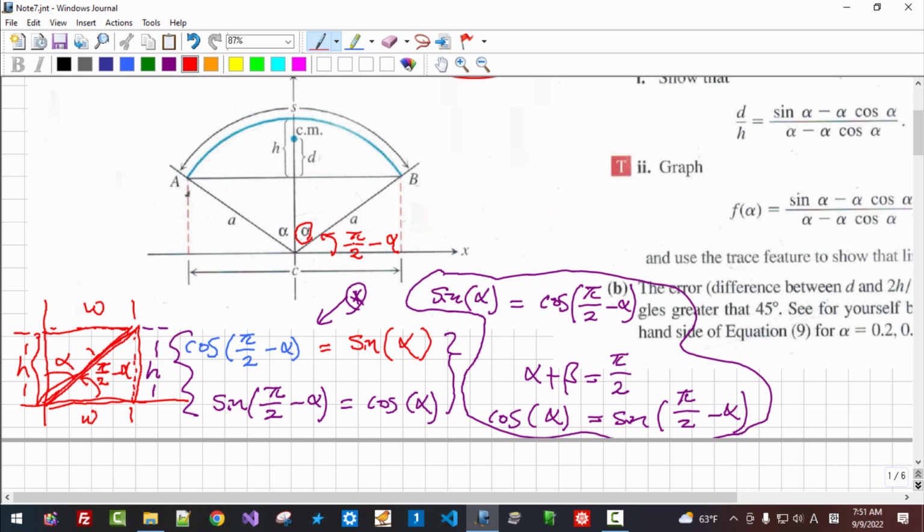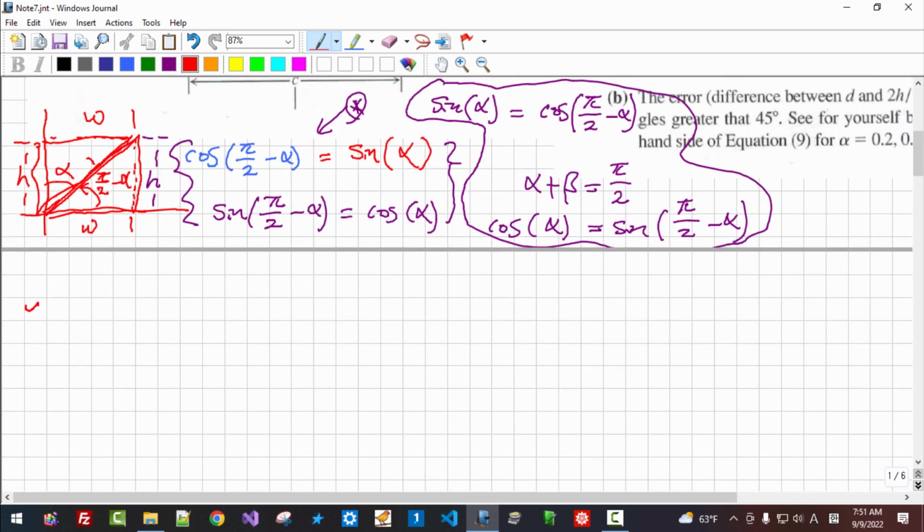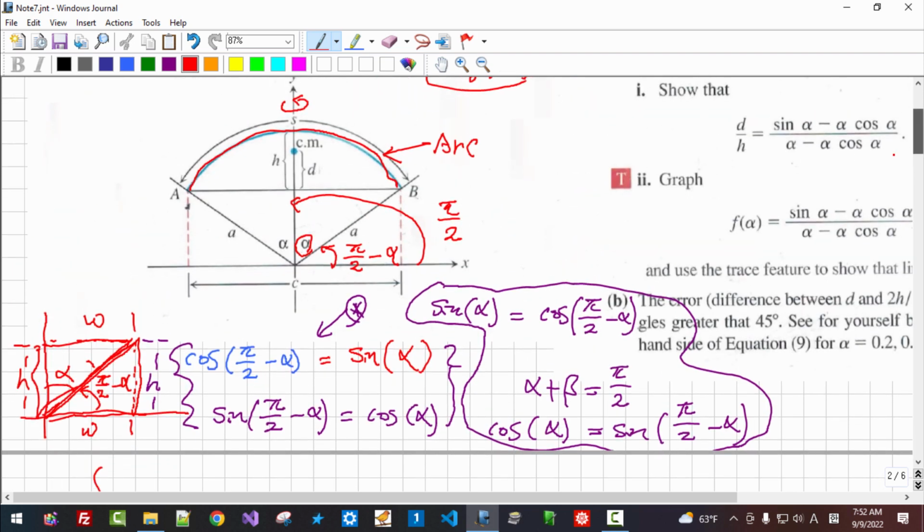We are integrating like this. This is pi over 2. This arc is symmetric with respect to the y-axis. That means y bar can be half the length over the lower limit.